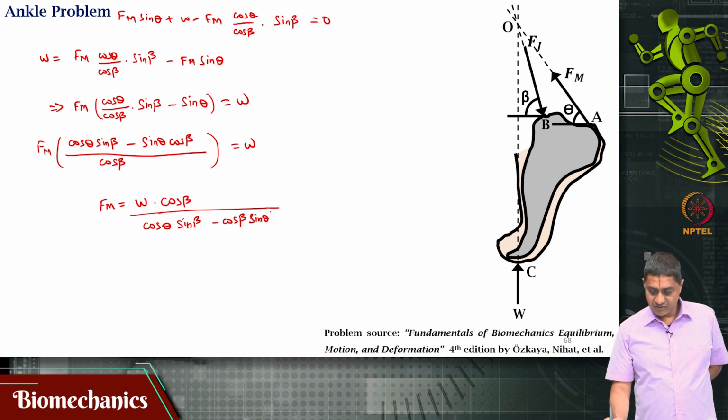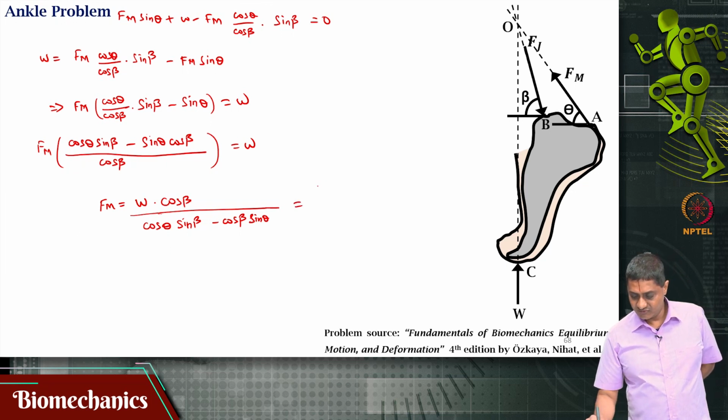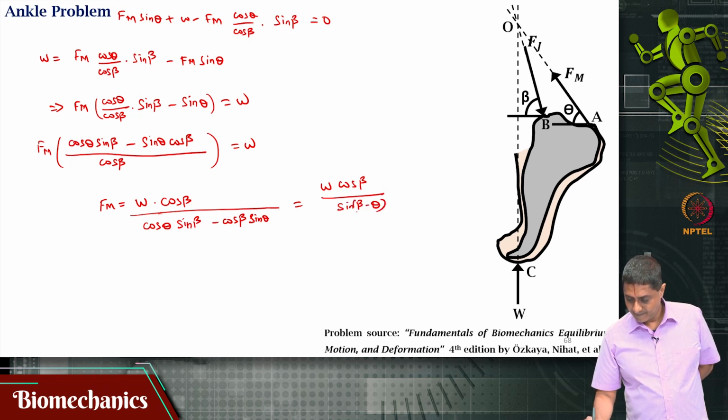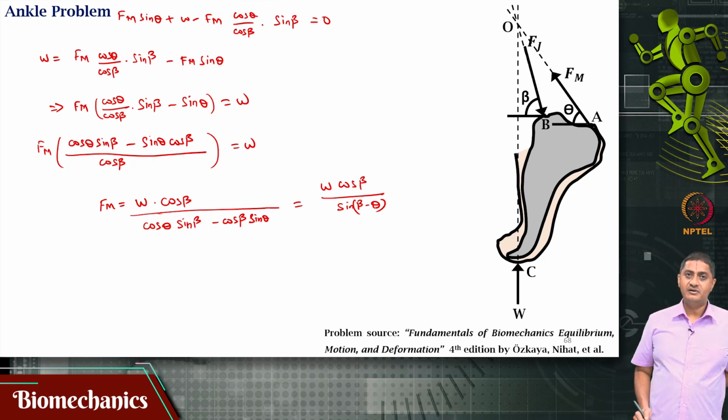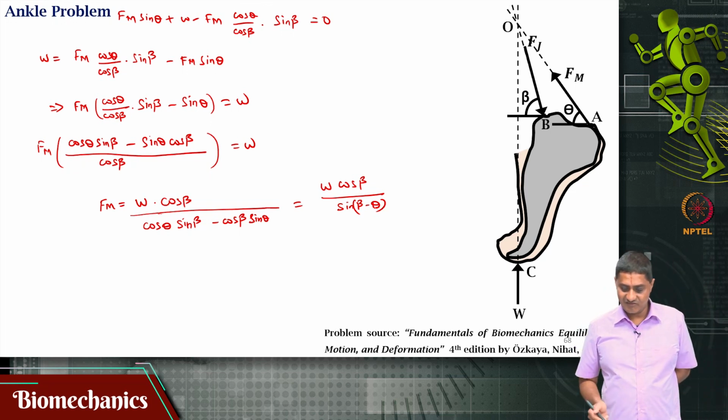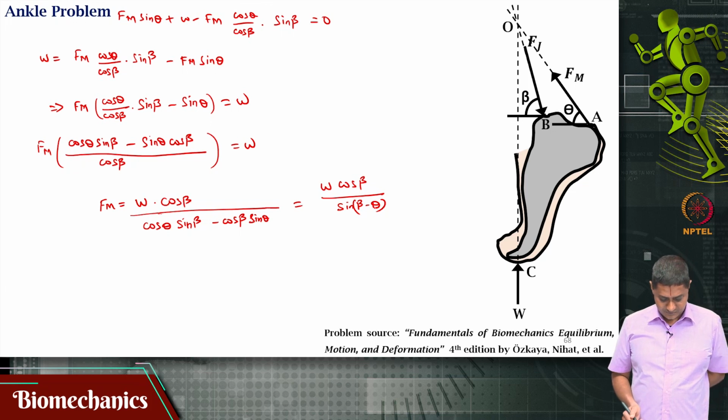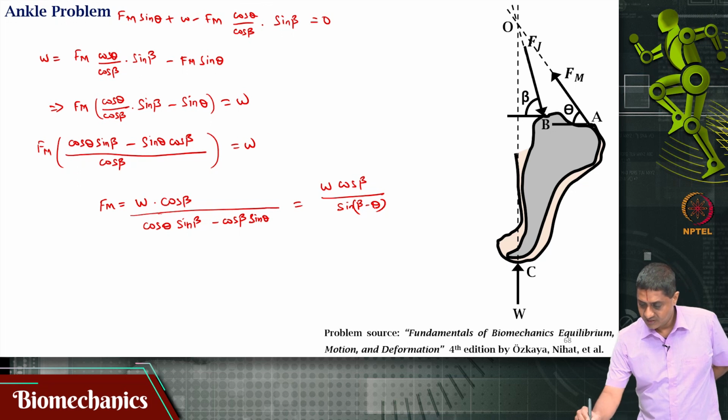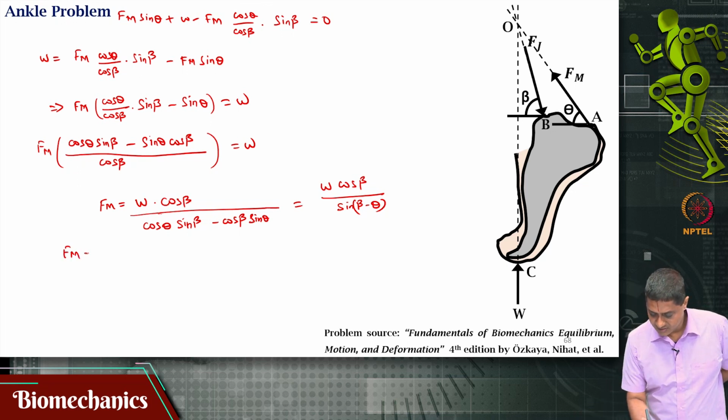Remember from trigonometric identities, the denominator is sin of beta minus theta. This is Fm. Fm is W cos beta divided by sin of beta minus theta.